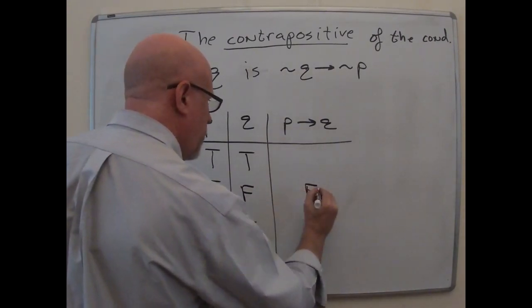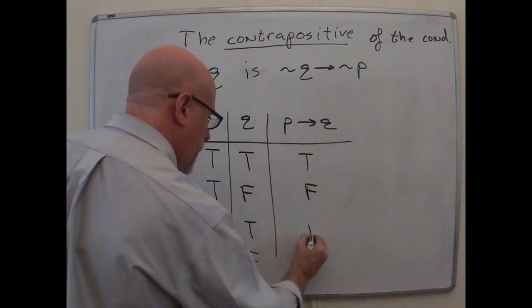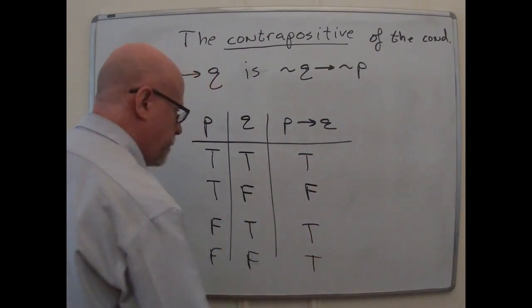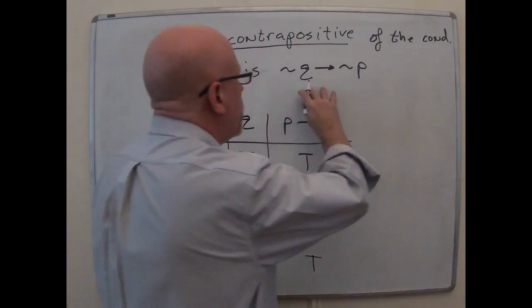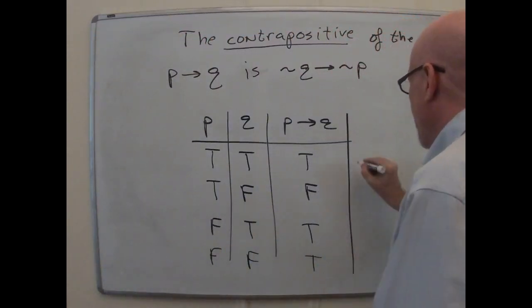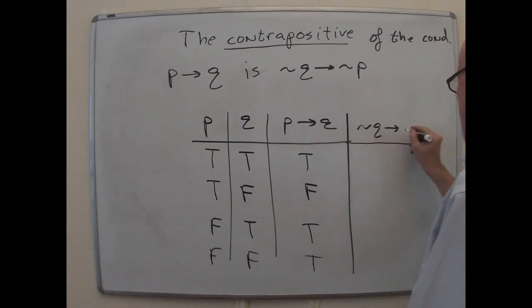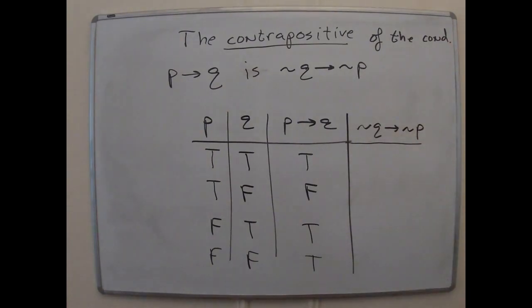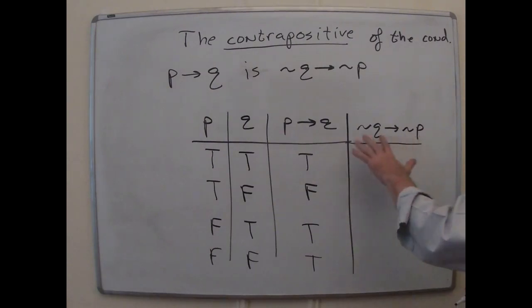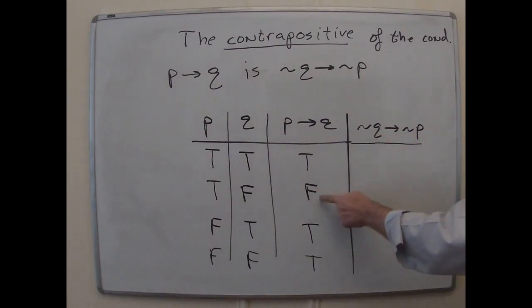It's false in that row 2, it's true upstairs, and it's vacuously true down below. Okay. What about not Q implies not P? Well, since it is a conditional, we just want to locate that one spot where it's false. And I was just pointing to it, wasn't I?